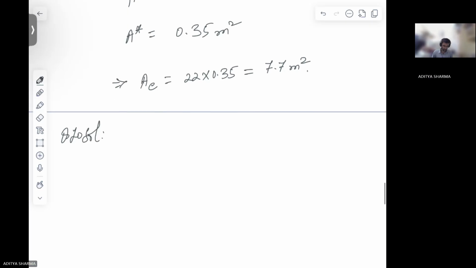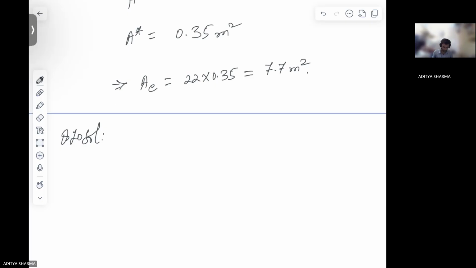So your T naught by T static, at some cross section in the nozzle. So this is 1 plus gamma minus 1 by 2 M exit square. So this is there.